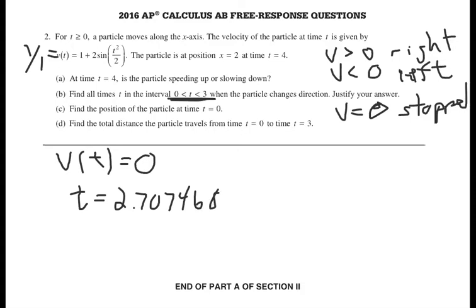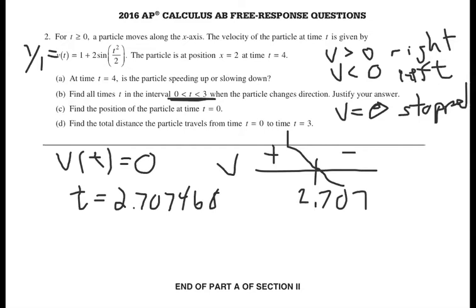And then if you look at your graph, there's going to be above and below that. You're looking at 2.707 on the graph, and it goes something like that. So it goes positive here and negative over there.